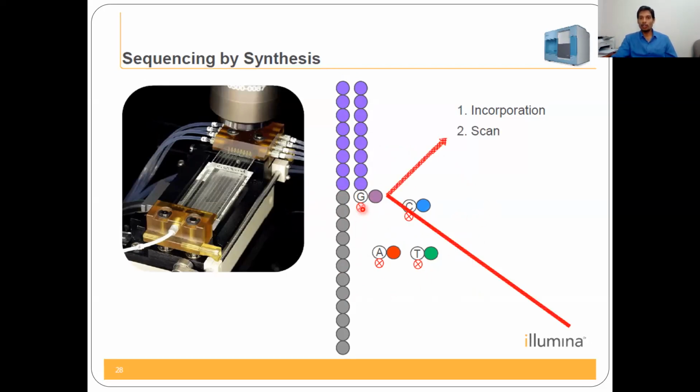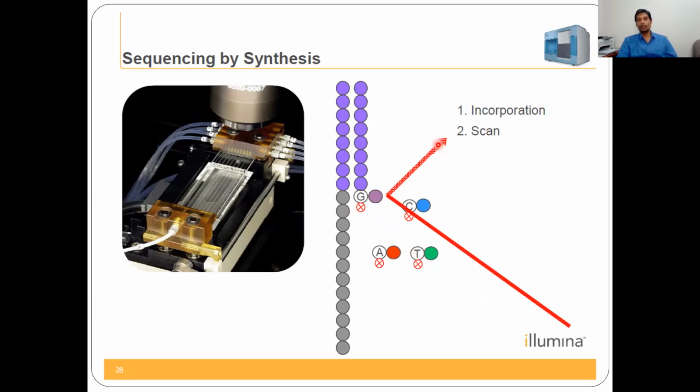And once G gets incorporated, the fluorescence will be released, and it gives the color. This fluorescence will be detected and captured by the detector.